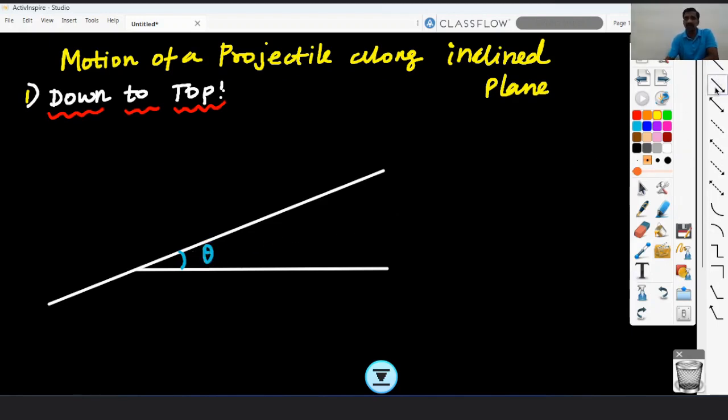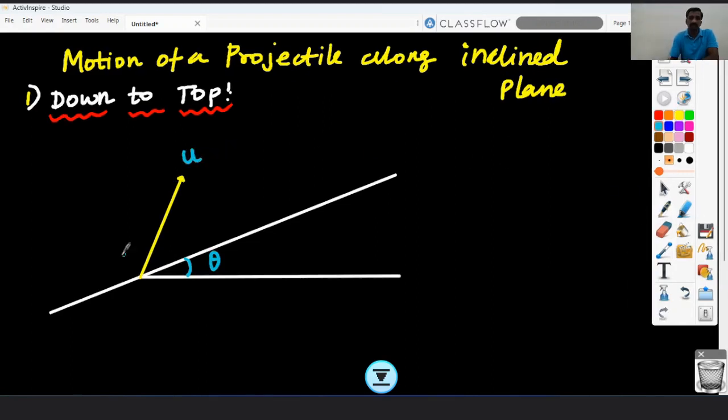Got it? Now the object is thrown in air with some initial velocity u, which is making an angle alpha with the inclined plane. Already I told you the inclined surface is making theta with the horizontal, and the object is thrown from the bottom to top with initial velocity u, making an angle alpha with the inclined surface.